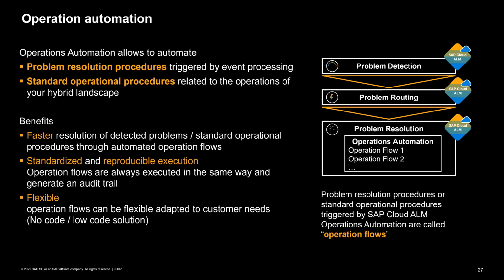It supports standardized and reproducible execution because they are always executed in the same way and generate an audit trail. And they can very flexibly be adapted to new customer needs because they are always designed in a low-code or no-code fashion.